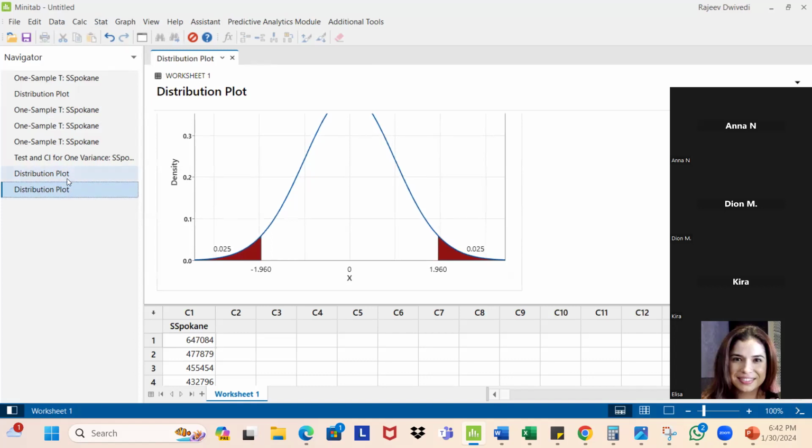So after 30, we could use z. If the sample is 31, so degree of freedom is 30. Basically, that is what most authors say.